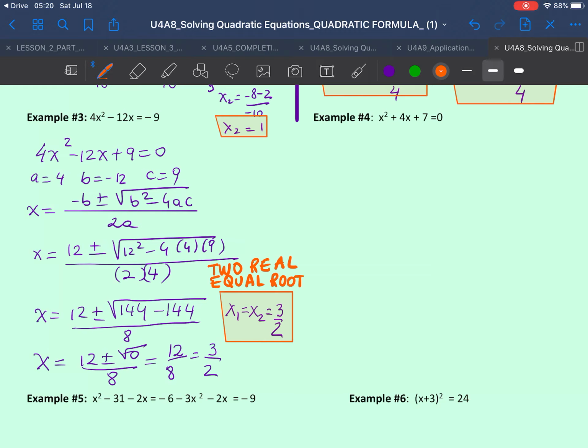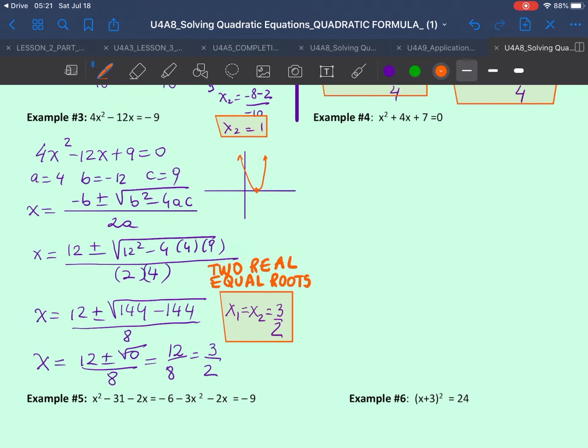Why do we say that they are real equal roots? If you were to graph this function, we would have seen this parabola intersect the axis only at one point.